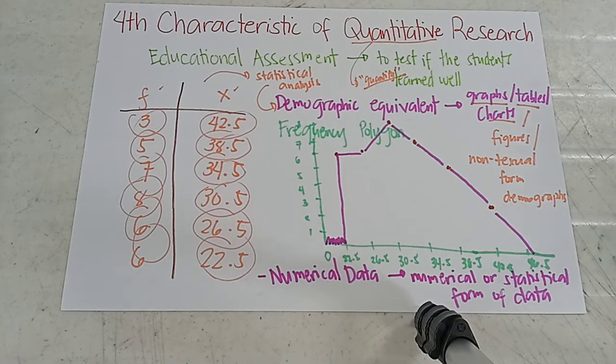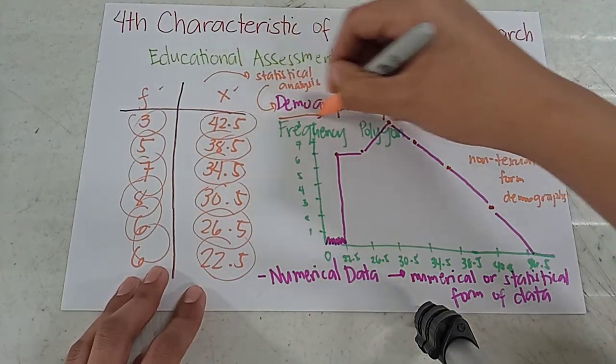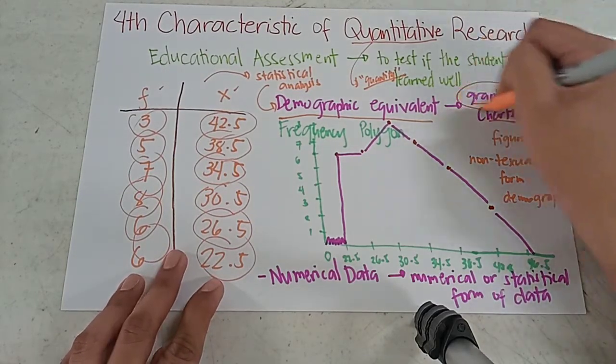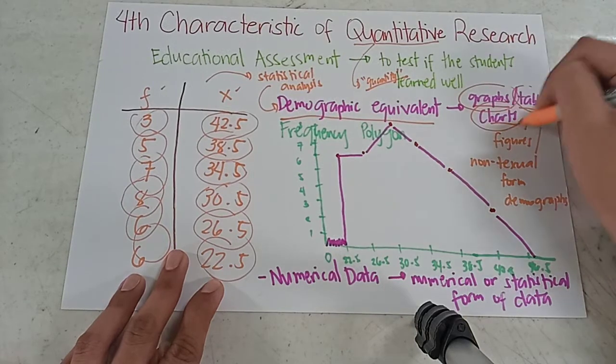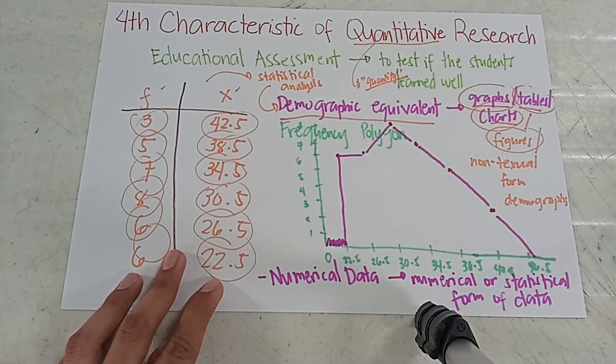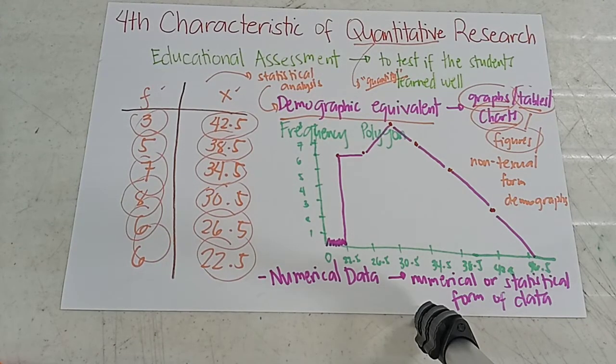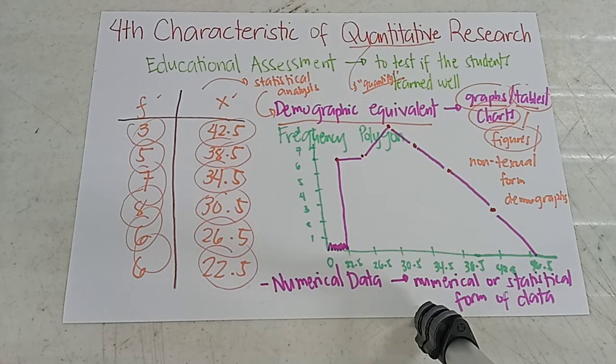This numerical form of data is represented through different demographic equivalents, which can be graphs, tables, charts, figures, and other non-textual forms. The data in quantitative research is in the form of numbers, subjected to statistical treatments in order to be interpreted and generate conclusions. So that is the fourth characteristic of quantitative research.